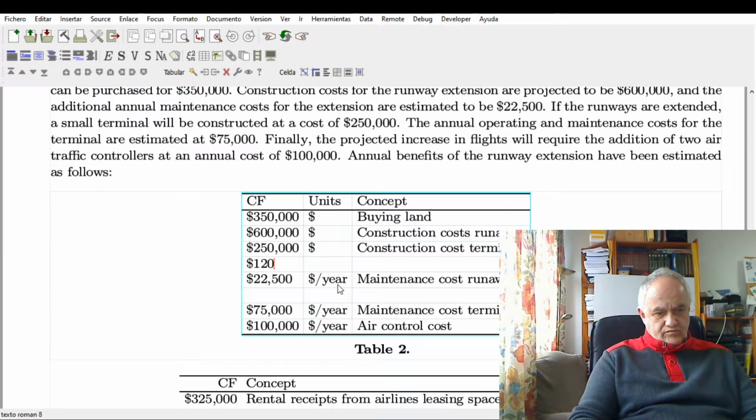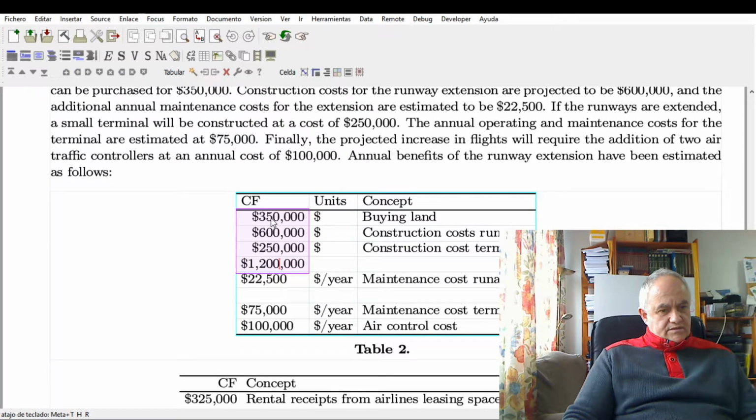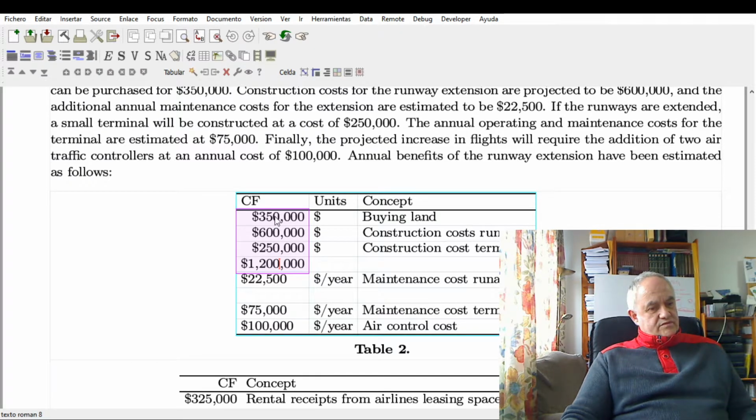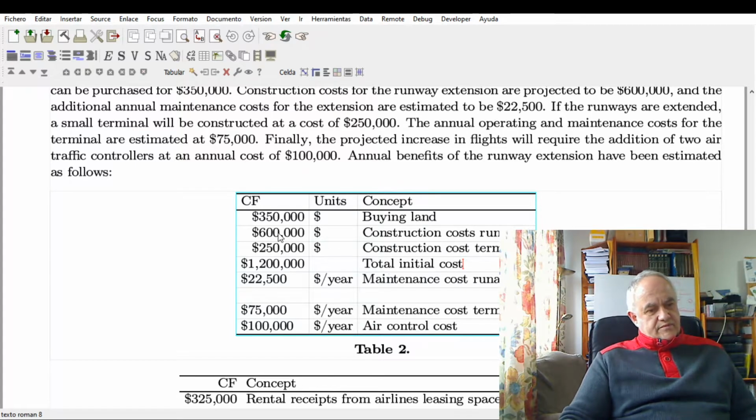Okay, this will be better organized like this. Correct. And then we'll have, apart from that, something like this.